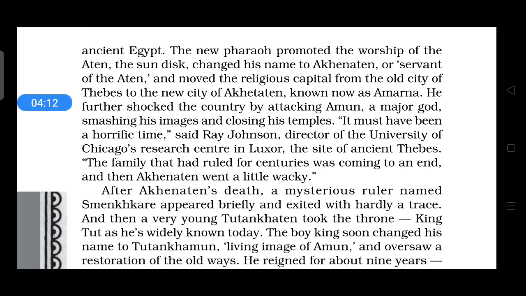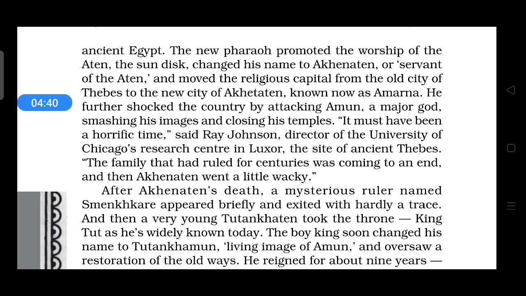The new pharaoh promoted the worship of the Aten, the sun disk, changed his name to Akhenaten, or servant of the Aten. So this king Amenhotep IV changed his name, and moved the religious capital from the old city of Thebes to the new city of Akhetaten. So don't confuse the names, okay?